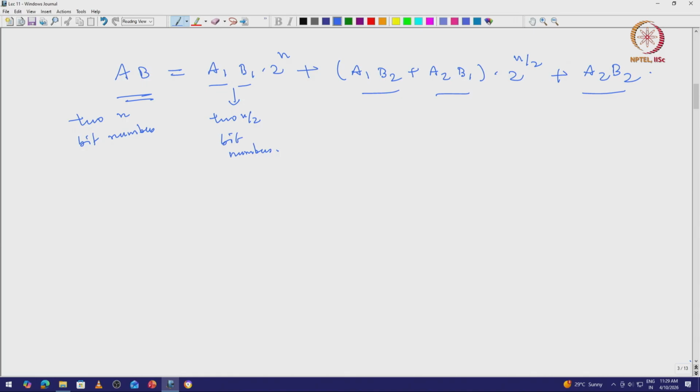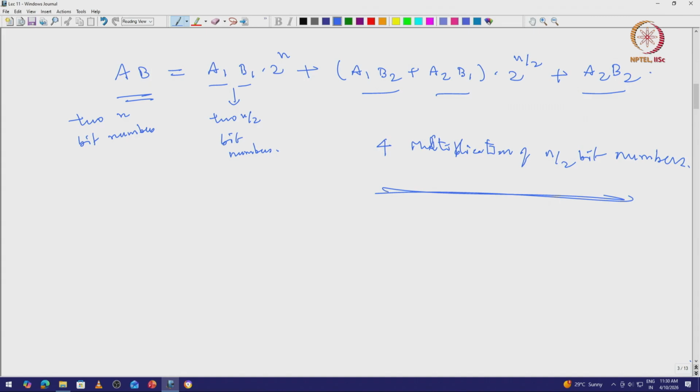Therefore, what I have to do is, I have to perform these 4 multiplications and plug in those values. I must have A1 B1, A1 B2, A2 B1, A2 B2. There are 4 multiplications of n by 2 bit numbers, and then combining cost.